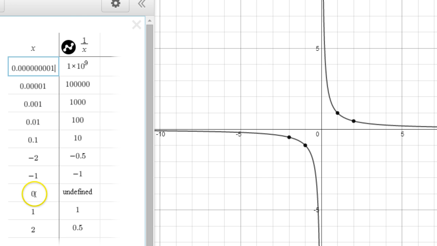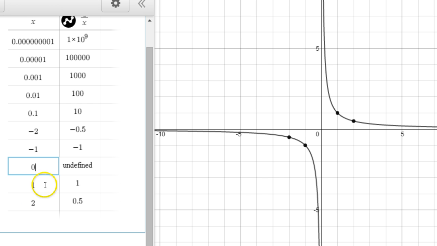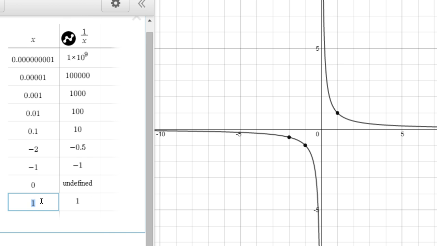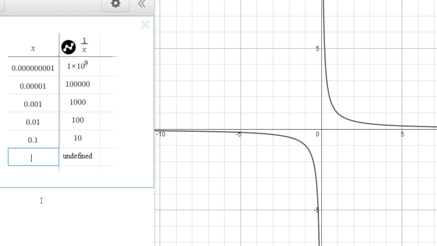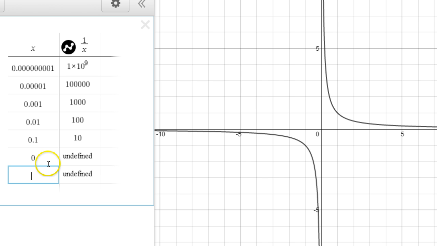Now if I approach from the other side, 0 is undefined on my table. As I approach it from the other side, let's go negative 0.1, then negative 0.01, negative 0.001, and negative 0.0001.